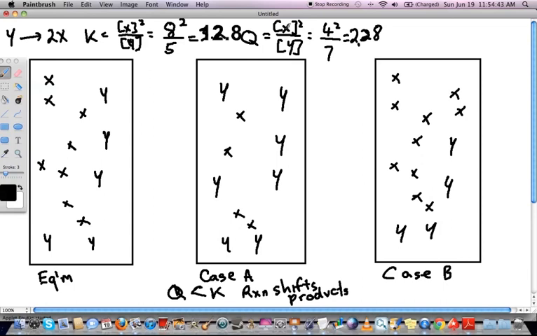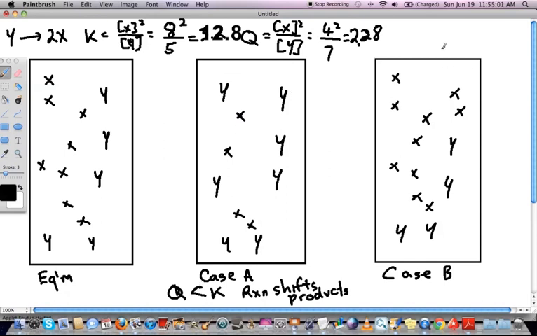So you can make X larger or Y smaller, but that's what's going to happen anyway. If X is getting bigger, Y is going to get smaller anyway because the reactants are becoming products. So the reaction will shift towards the products. That always happens if Q is less than K.